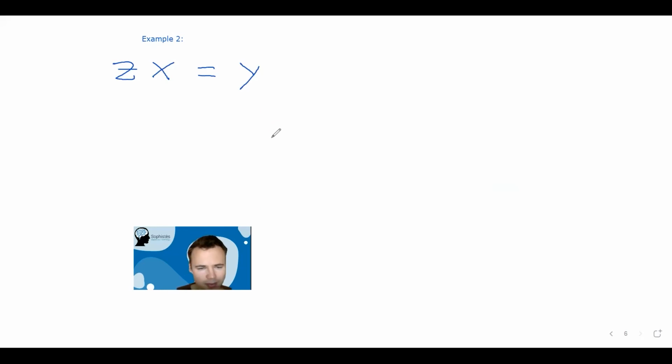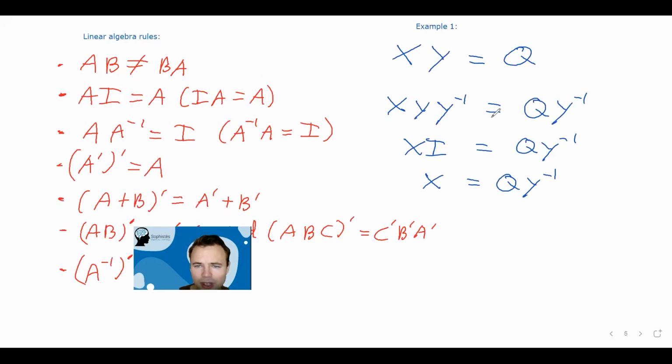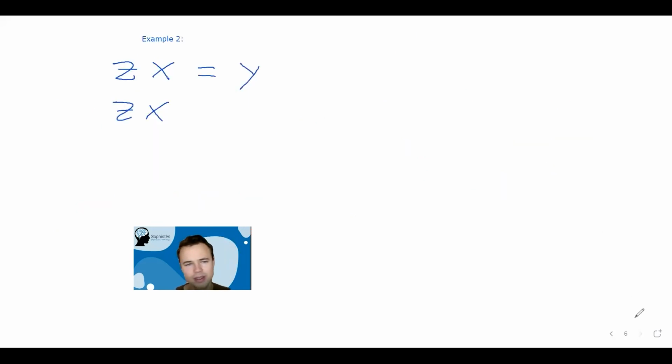But here's the thing. Remember that order does matter. So I copy this here. And the question is, I want to get rid of the z. I think there are 3 things you could do. You want to do something with the inverse of Z, right? We saw in the previous example that if you want to get rid of a matrix, you multiply it by the inverse of it, right?